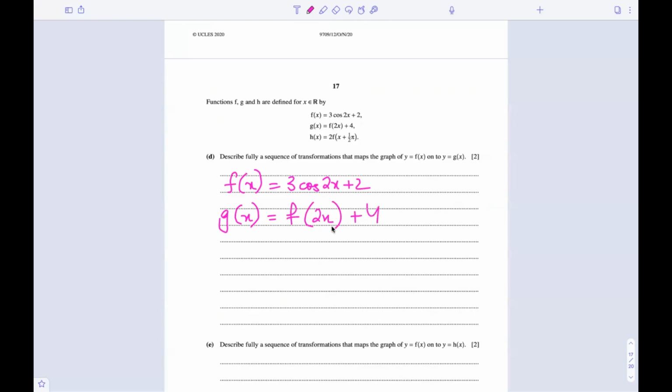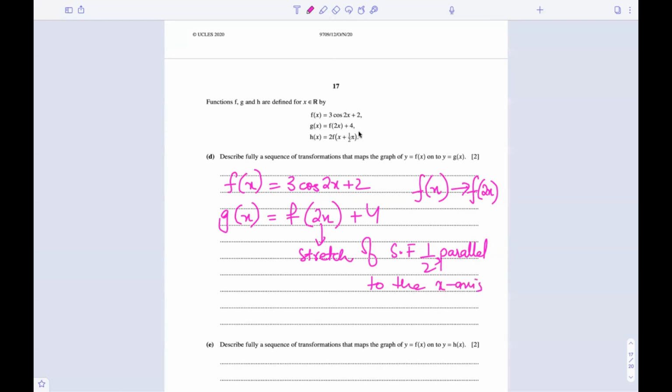Now, when the value of x over here is doubled, basically this represents a stretch with scale factor half and parallel to the x-axis. So if we have a function f of x and it is transformed to f of 2x, it means it is a stretch with scale factor half parallel to the x-axis.